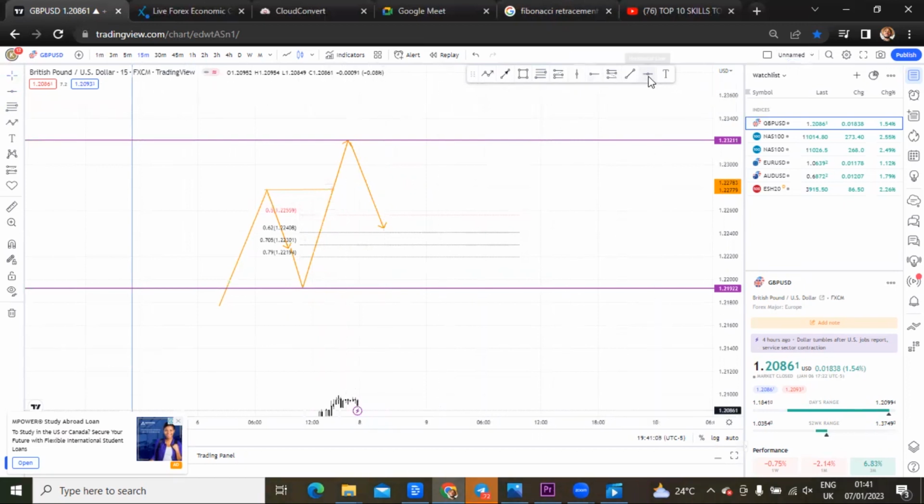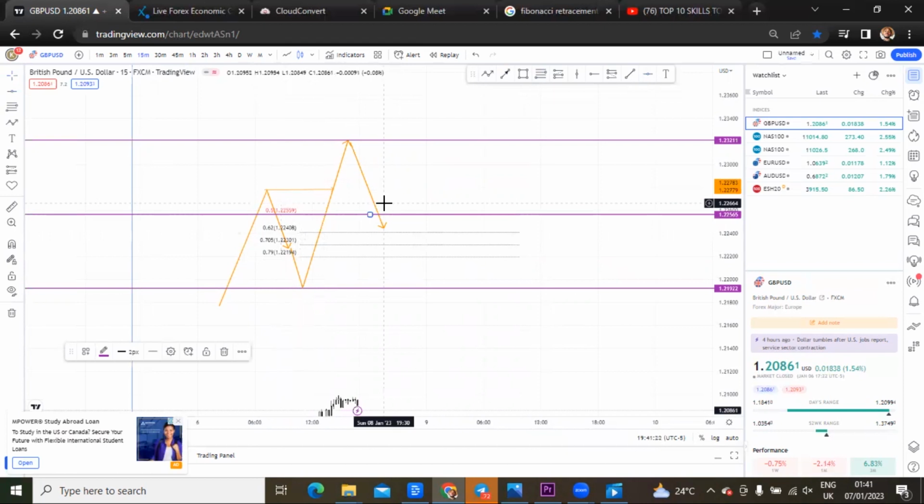What they do is they find the equilibrium in this range, meaning exactly half of the range. And to find the equilibrium, you have to use a Fibonacci and mark out 50% of it. This is how you get an accurate half of the range. So this is the 50% Fibonacci, and I kept the line on it.